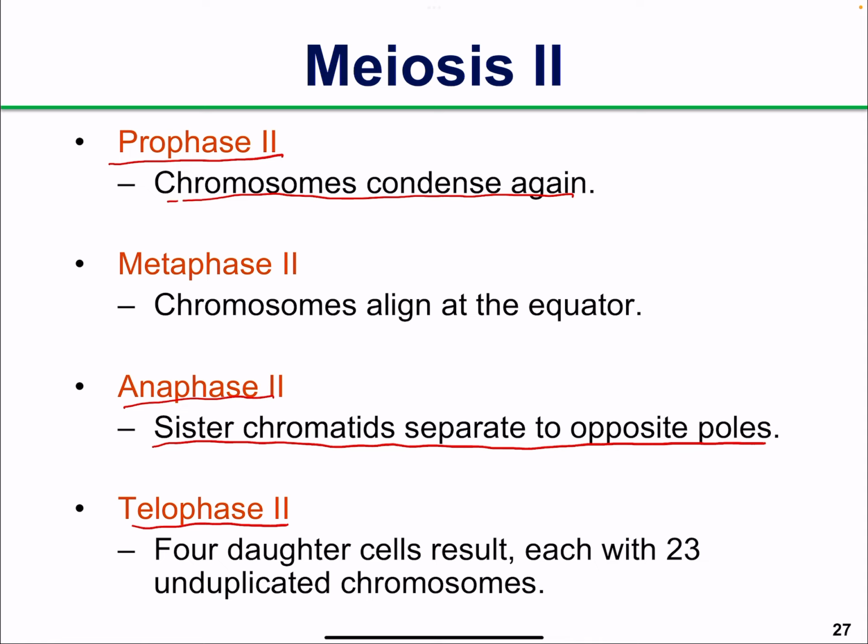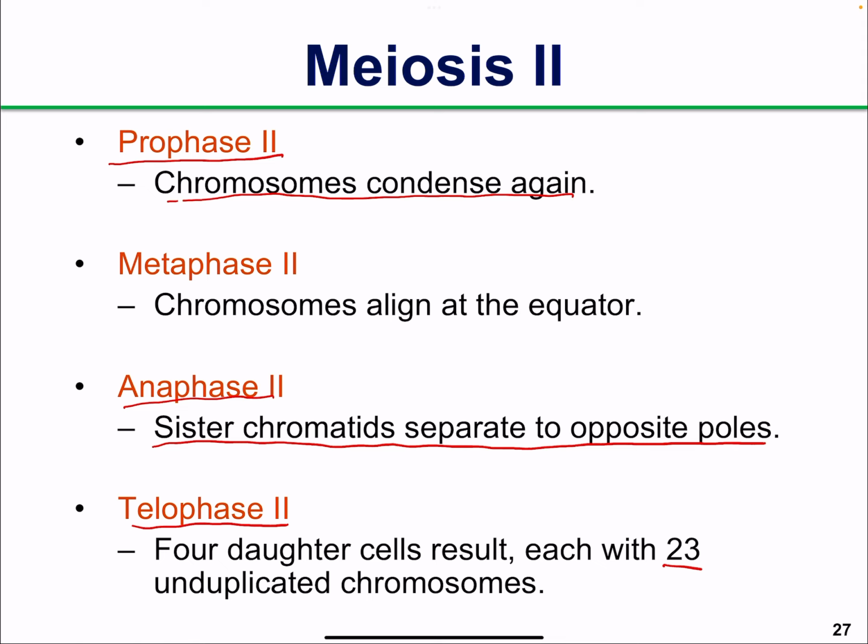We're going to have cytokinesis develop, and each of the daughter cells, at this point 4, right, are going to have 23 chromosomes each, right? And these daughter cells do not look like any other daughter cell when it comes to the genetic information.